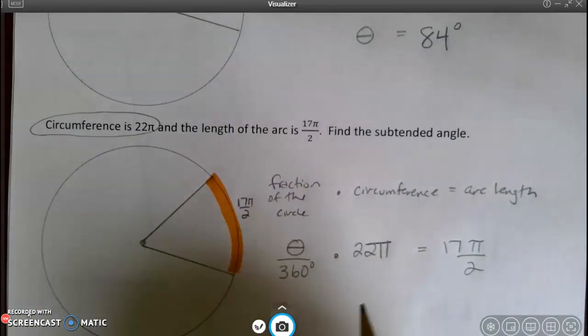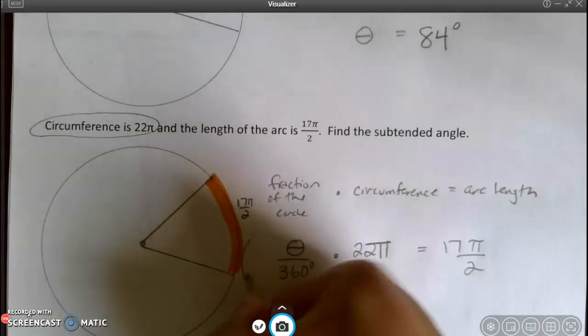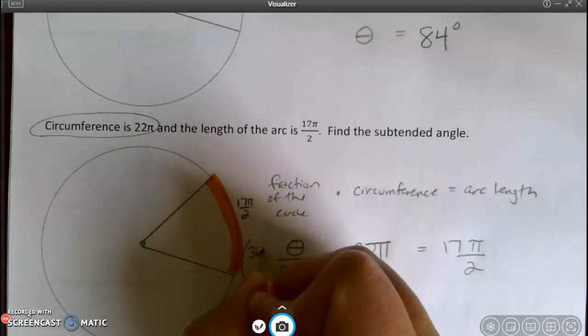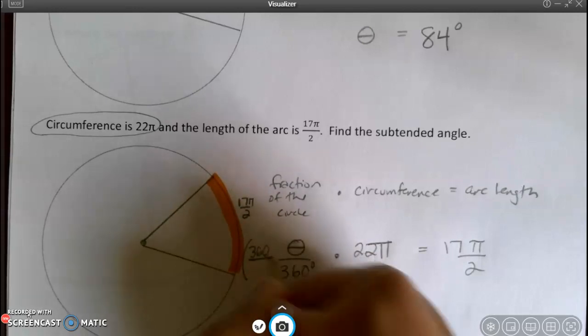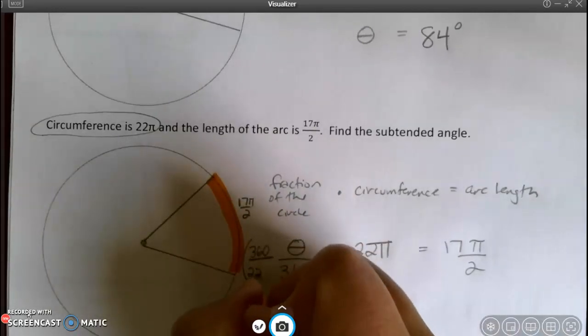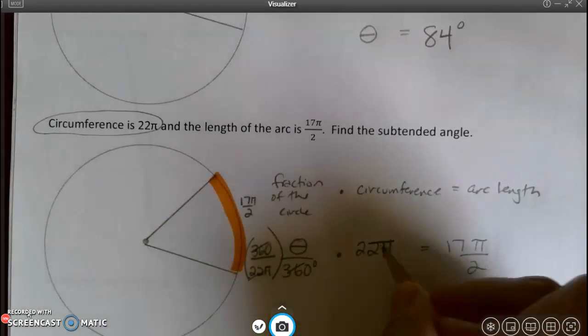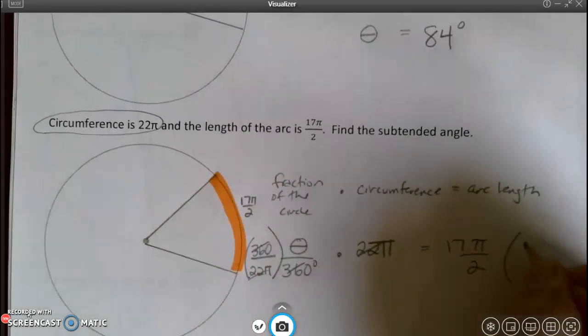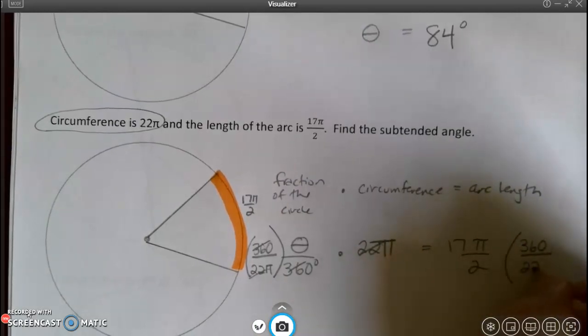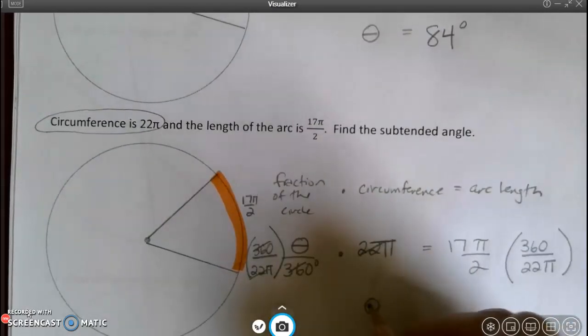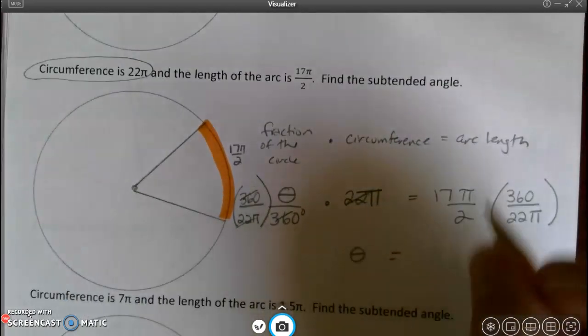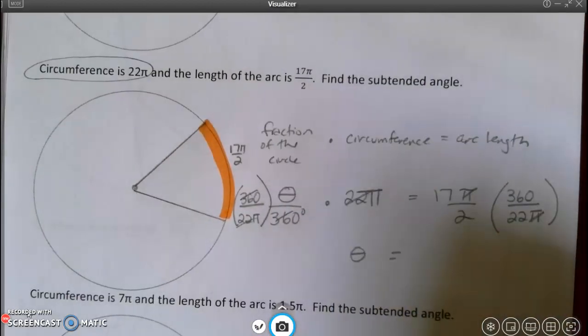Now, I'm trying to get theta alone, so I need to multiply by 360 in the numerator to get the 360s to cancel, and 22 pi in the denominator to get my 22 pi's to cancel. And I have to do the same thing on the other side. So theta equals, again, my pi's are going to cancel.